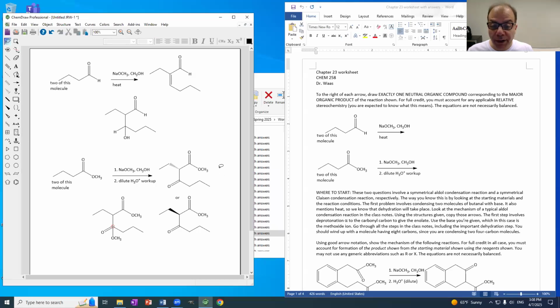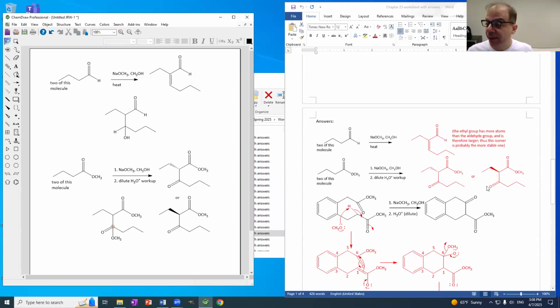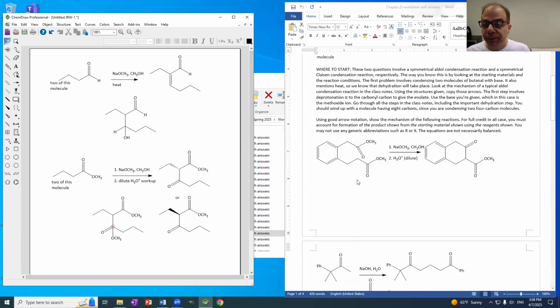So you would draw one of these two structures, just like it says in the answer key. Either one of the two, not both, but one of the two. And we got there without going through the whole mechanism, which saves a considerable amount of time. So much for those questions.